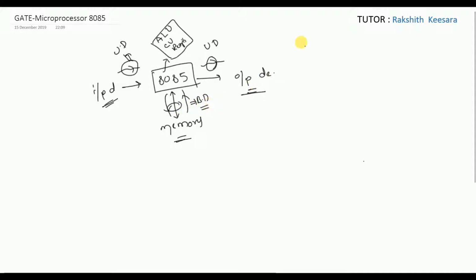So guys, first thing is, for giving or taking data, we need a data bus. Next thing is, it should know from which location data should be taken. That location is called the address. To point to that address, we need an address bus.